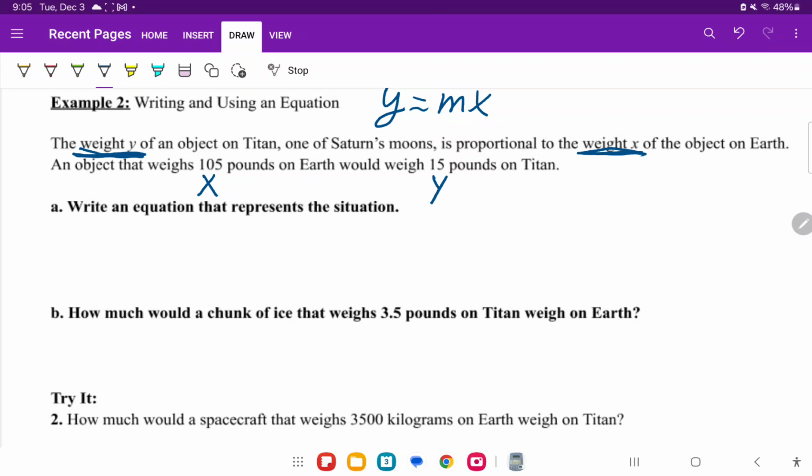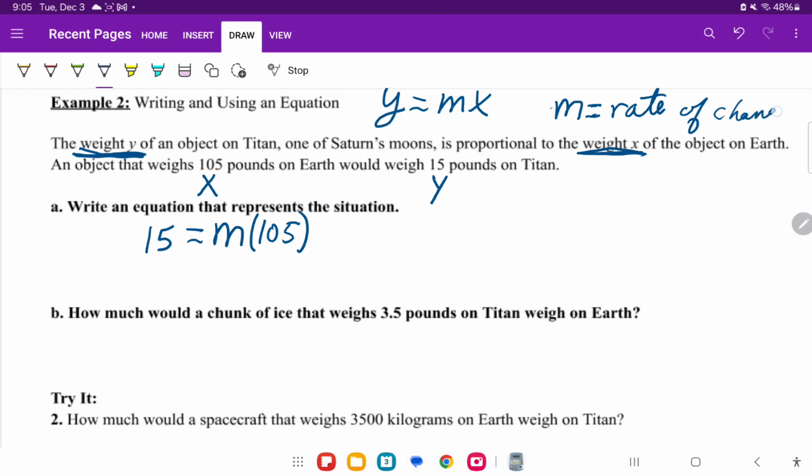So what we're going to do is put 15 in for y, and then we don't know m, but we do know that our x is 105. Remember, m is kind of the rate of change.